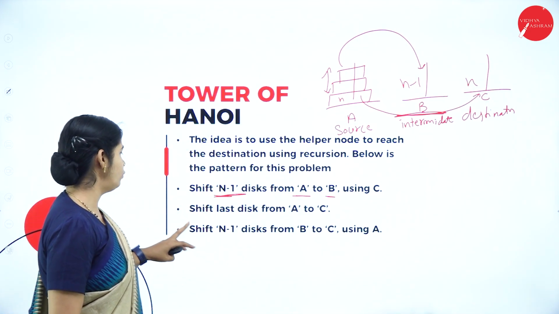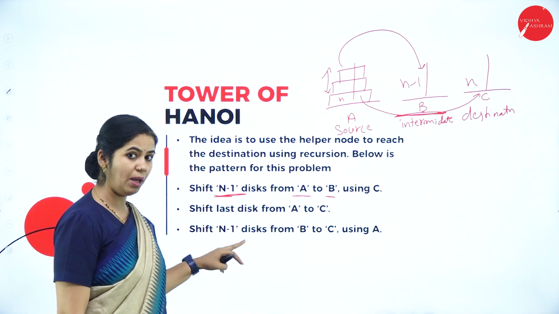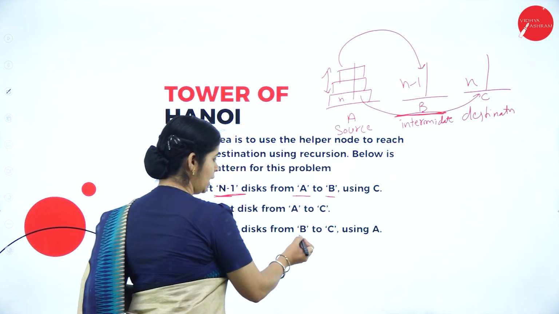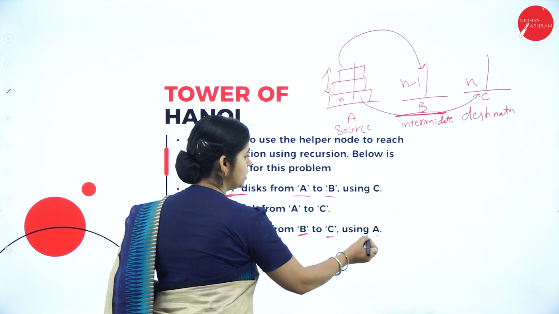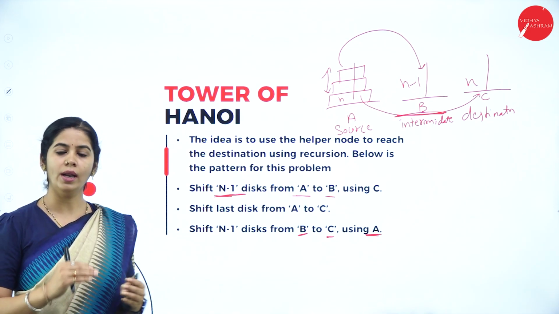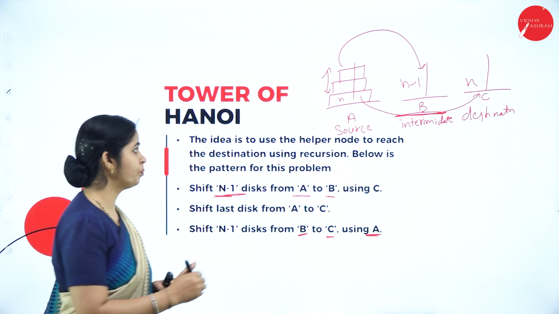After that, what we have to do is shift the n minus 1 disks at tower B to C using A as the intermediate tower.